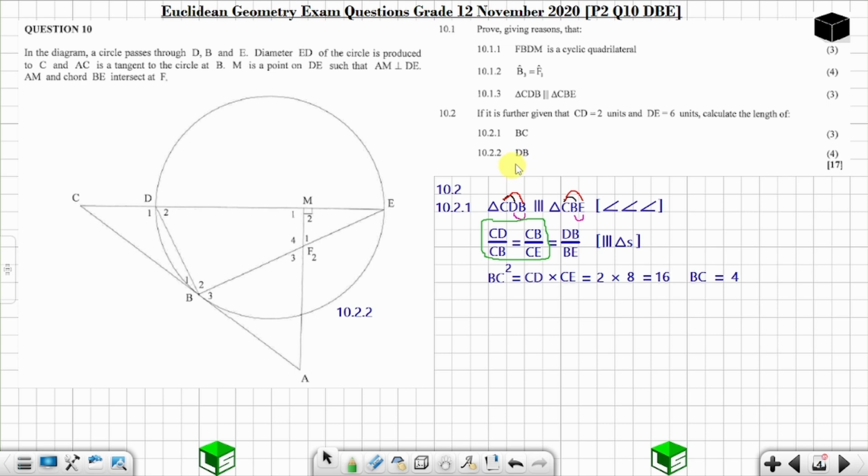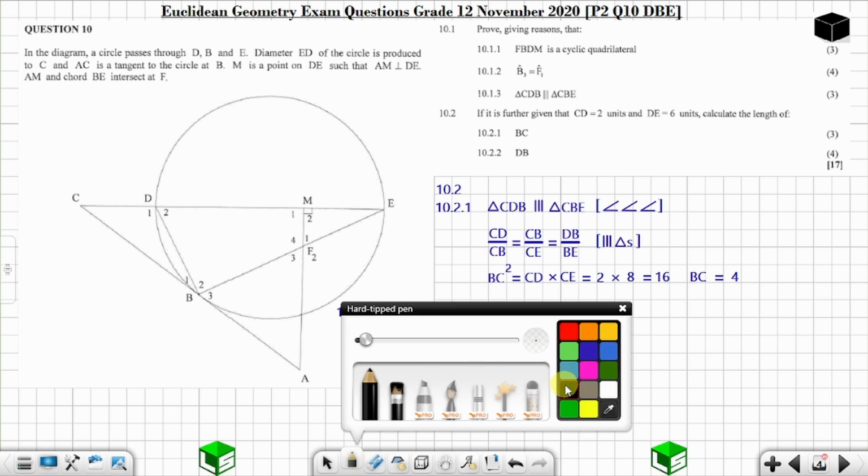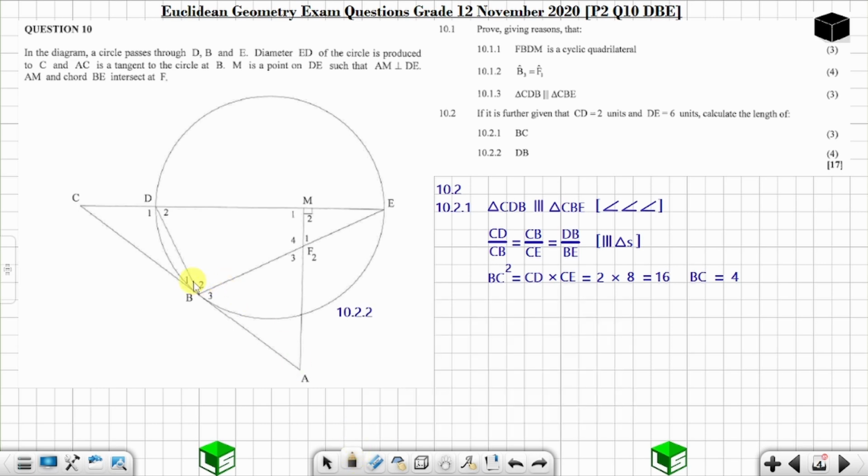Now question 10.2.2. We need DB. Let me erase this. We can use Pythagoras theorem because we have a right triangle. Remember, angle B2 is 90 degrees. The angle B2 is subtended by a diameter.